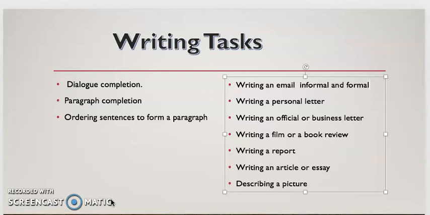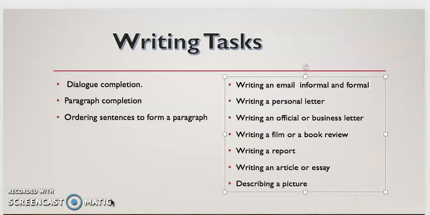Okay, and the third task is ordering sentences to form a paragraph. In this activity, you are given a set of sentences with letters, and they ask you to read them, and you try to put them in the right order so that you can get a paragraph.